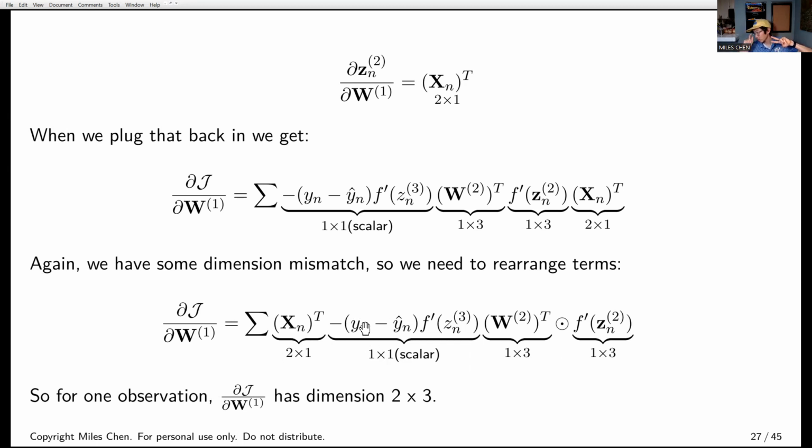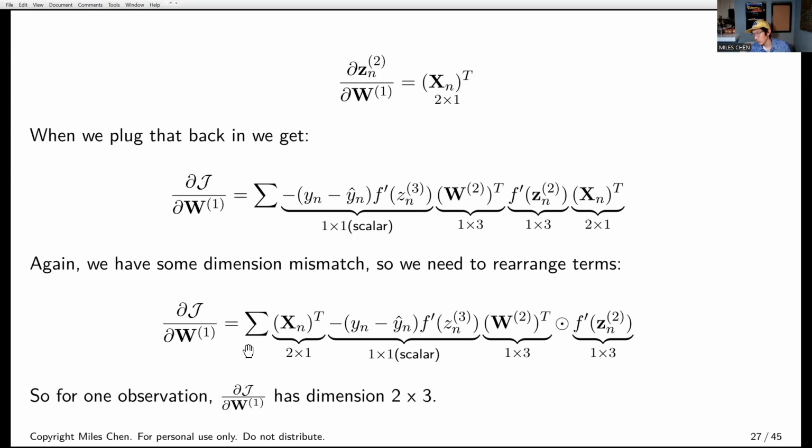The nth observation is just 1 value, the nth prediction is just 1 value, and the nth element in Z is just 1 value. So this is a scalar. W2 is a 3 by 1 matrix. I'm transposing it, it's a 1 by 3, and I'm going to do element-wise multiplication with the 3 elements in my nth row in Z. Okay, so for this first observation, I'm going to get a 2 by 3 matrix.